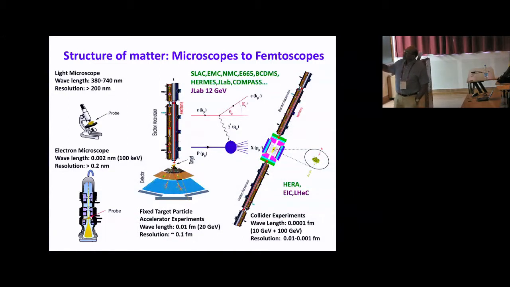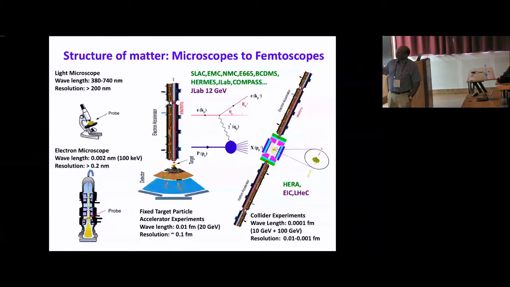And then there was the era starting in the 50s and 60s onwards of electron accelerators on fixed target machines at highly relativistic energies of many GeVs. So at SLAC, for example, it was around 20 GeV, hitting fixed targets and looking at the structure of matter at very small distances.